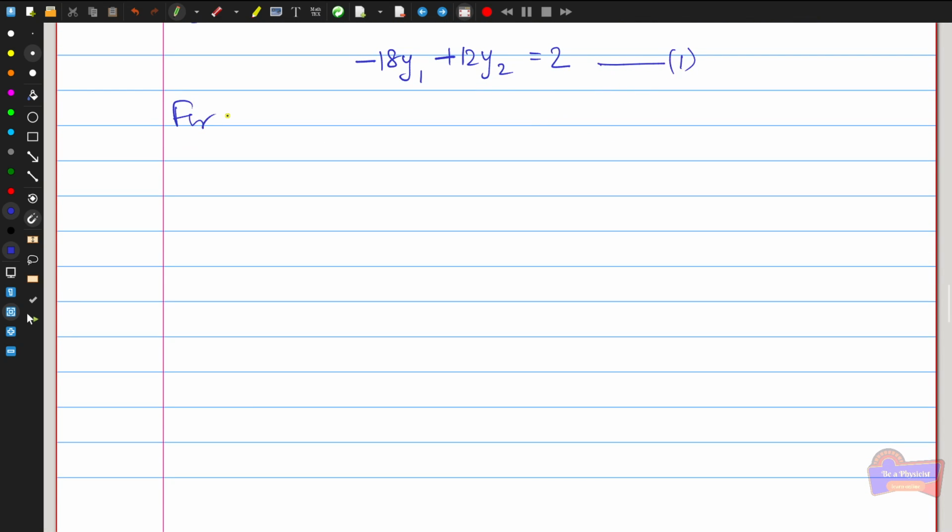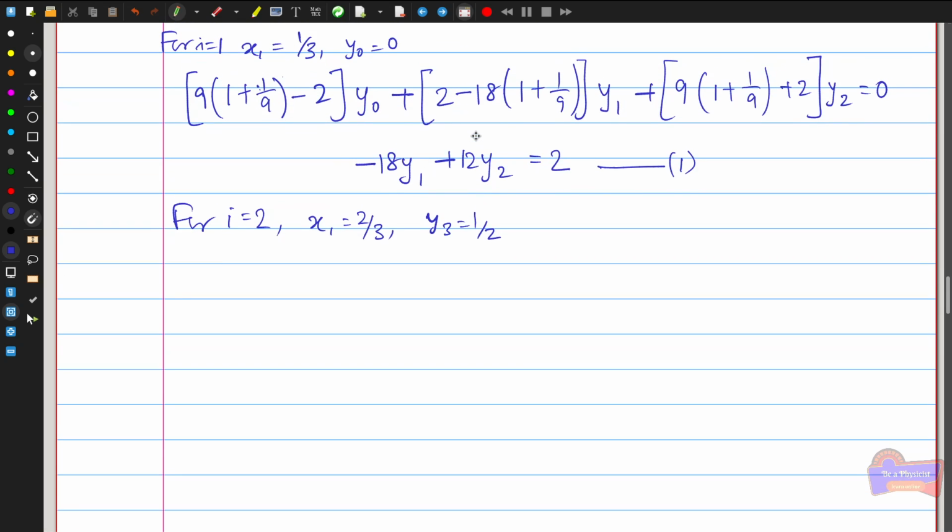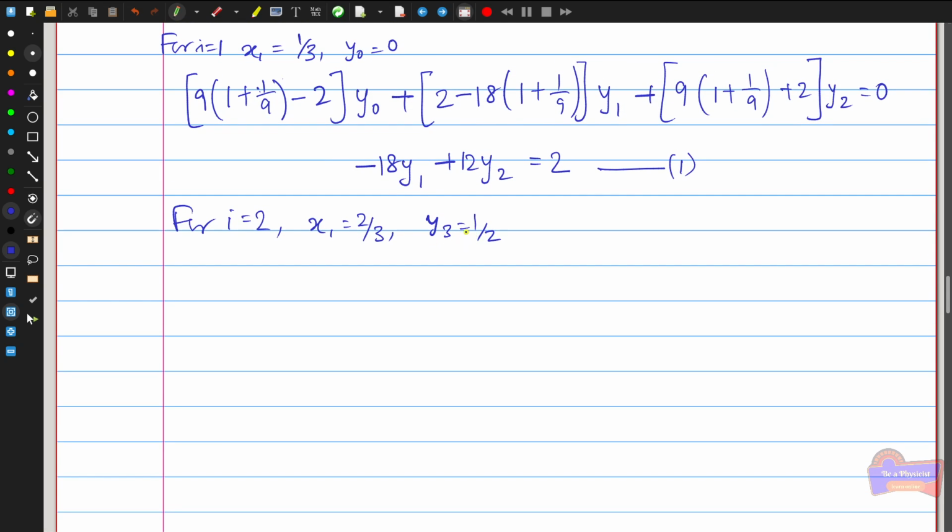Then for i equal to 2, x2 is equal to 2 divided by 3 and y3 is equal to 1 by 2. That is the boundary value given for y3.